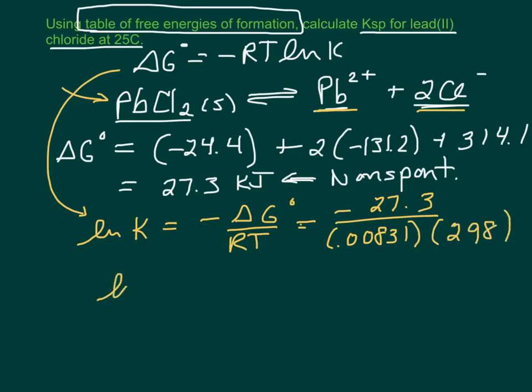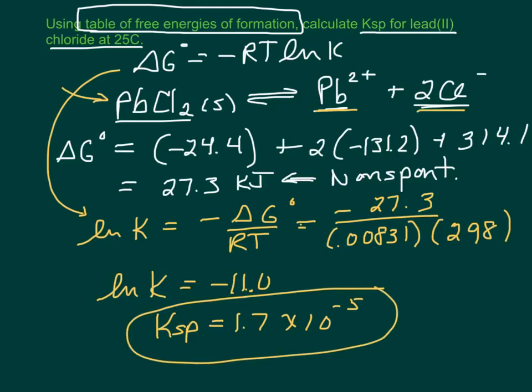If you do that, you get the ln of K is negative 11.0, and if you take the inverse natural log on your calculator, the K, which is KSP, is 1.7 times 10 to the minus 5, which seems about right. So you can use this equation to find K's. That's a useful thing to know.